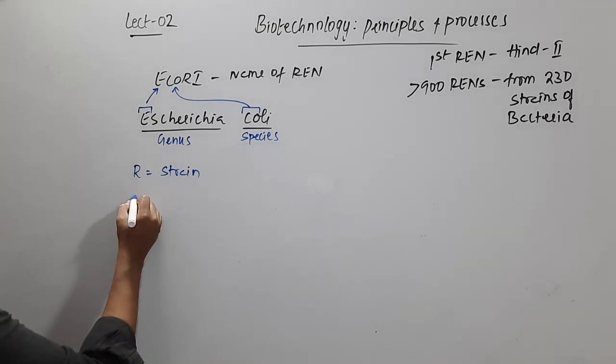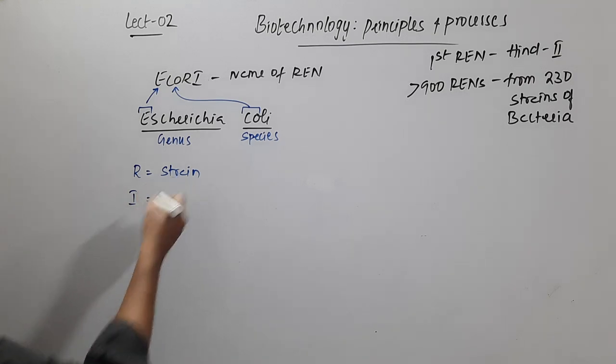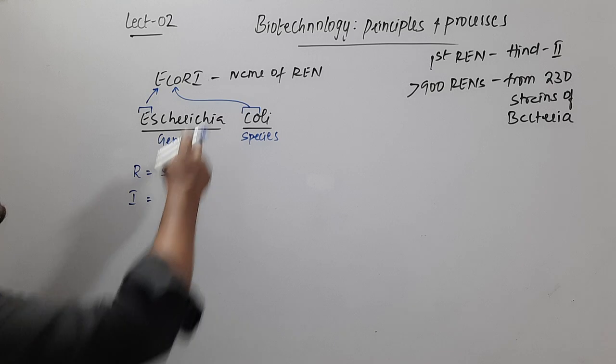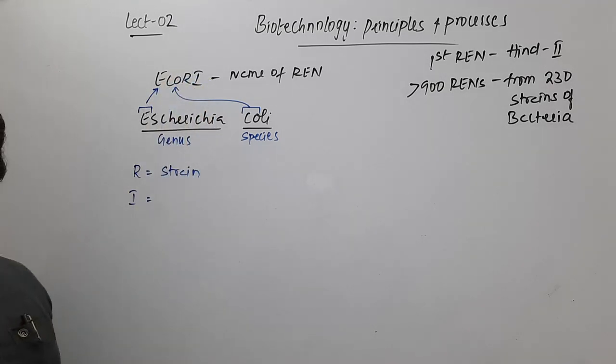And the Roman number: we assign Roman numbers to these restriction endonucleases in the order of their discovery from that bacterium. In this case, Roman number I means that this is the first restriction endonuclease that I have obtained from the bacterium Escherichia coli.